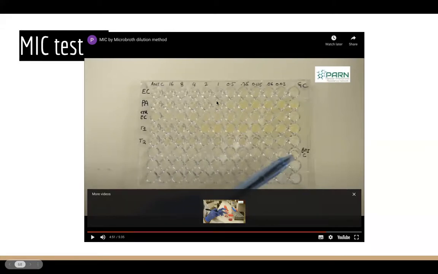So it looks like E. coli had growth until here-ish, and then compare that with the test strain, where actually it's more resistant, and there'll be some strains which are far less resistant. And then you might use a different sample here. So this is another antibiotic they're testing, and you can see that it's a much stronger effect. There's growth at very, very low concentrations, but then no longer at higher concentrations at all.